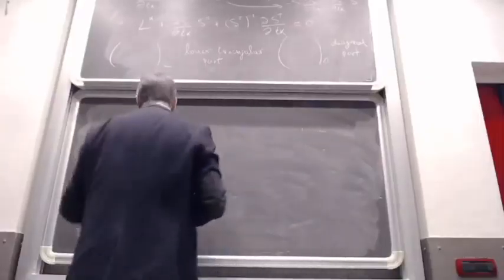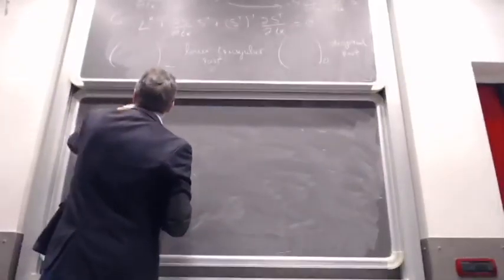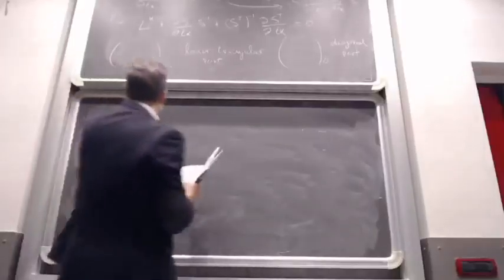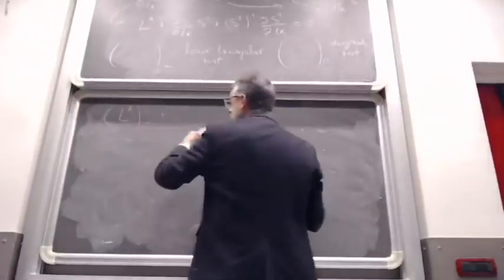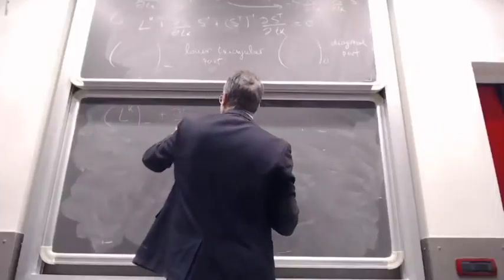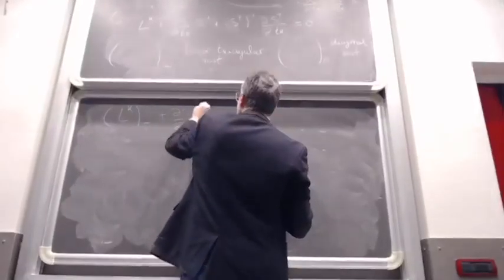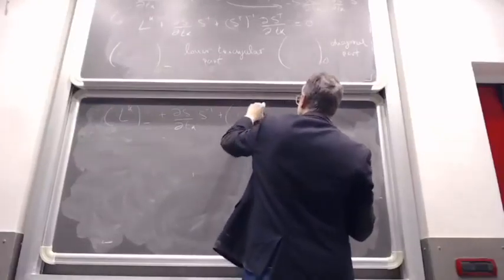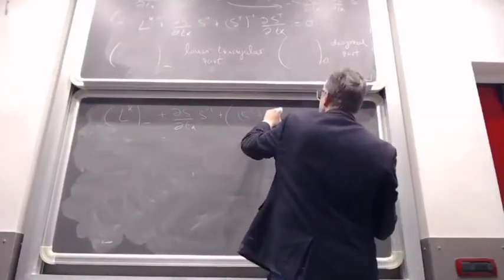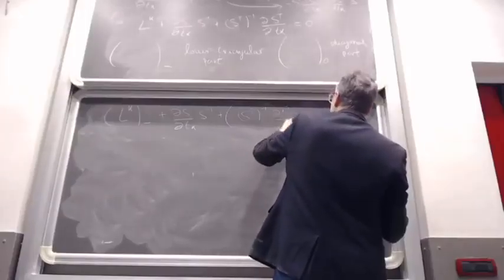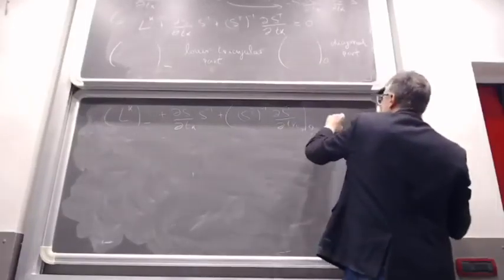So if we project on the lower triangular part, this is L^k lower triangular part, d by dtk S to the minus 1, plus S transpose to the minus 1 dS transposed by dtk, diagonal part. Right?